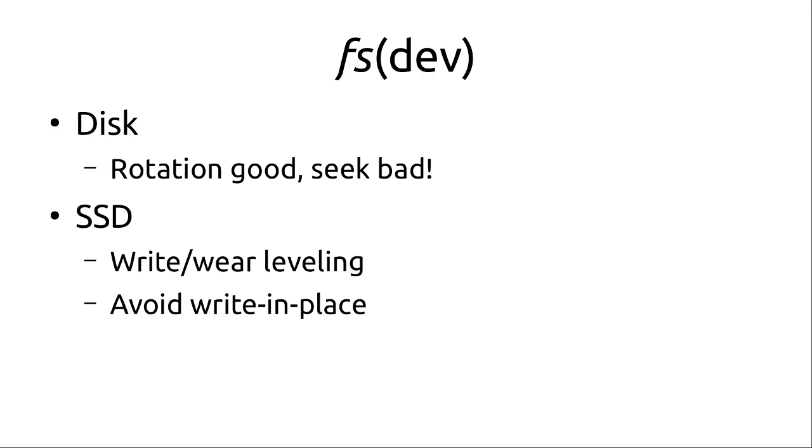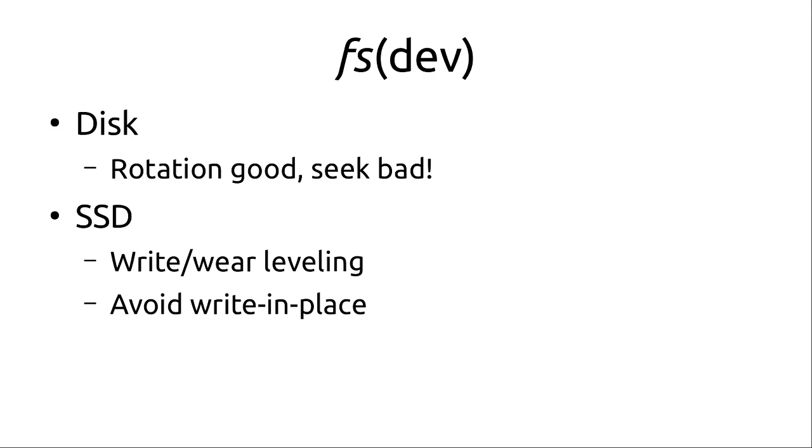Okay, so we see that there are weird physical properties of each of these devices, and what I want to talk about now is essentially how we want to design our file system as a function of the physical devices' properties.